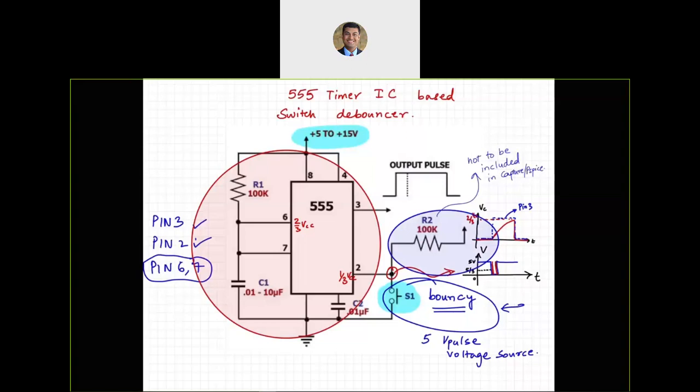C2 is a capacitor used for controlling the voltage of the threshold capacitor. So instead of having that change based on two-thirds VCC, we can change that. But for the purposes of EI, we are not going to use the control voltage.